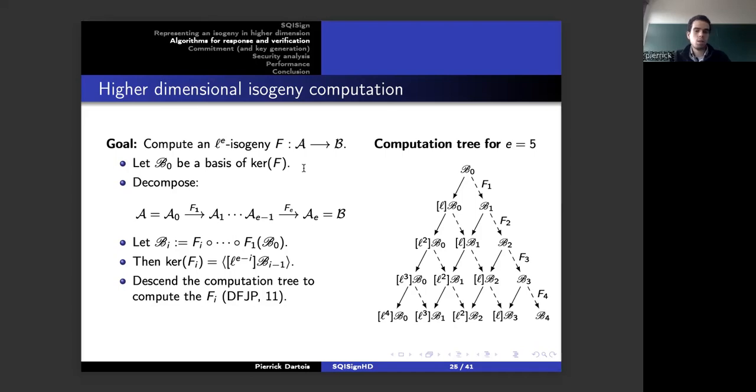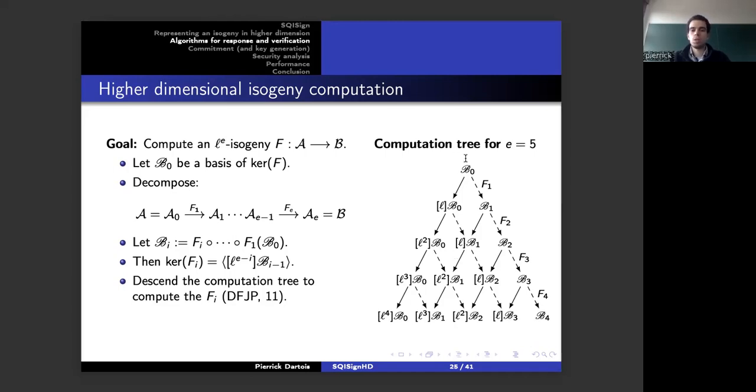Those techniques were first introduced in the paper by Jao, De Feo, and Plût in 2011, introducing SIDH. The idea is that, let's say E equals 5, for instance, to compute the whole isogeny chain, we need all those kernels represented at the bottom line of this computation tree.